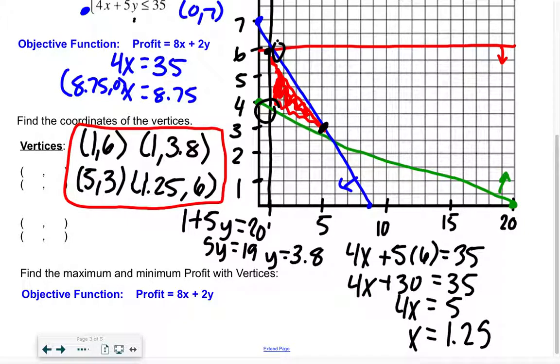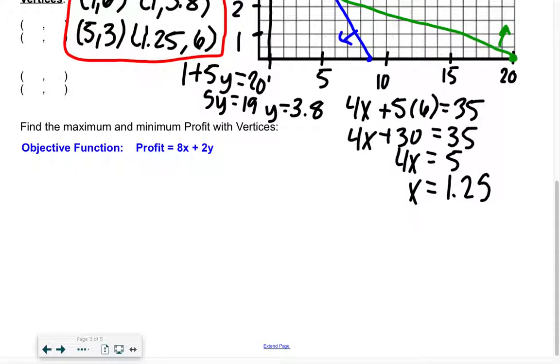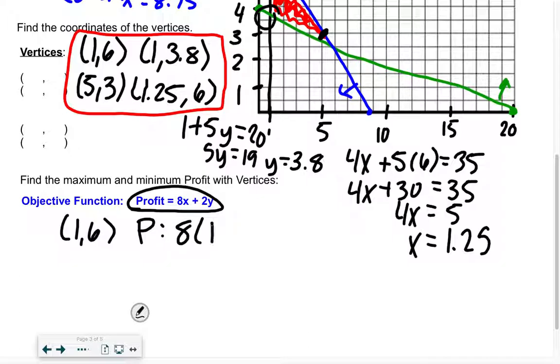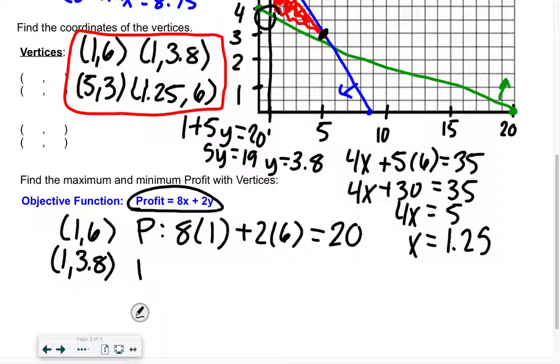Okay, all we have to do is plug our vertices in to our equation, which is right here. Our 8x plus 2y is our profit one. So we'll start with 1, 6. At 1, 6, my profit is 8 times 1 plus 2 times 6, which gives me 20 bucks. Then we have our point 1, comma 3.8. Stick it in the same profit equation.